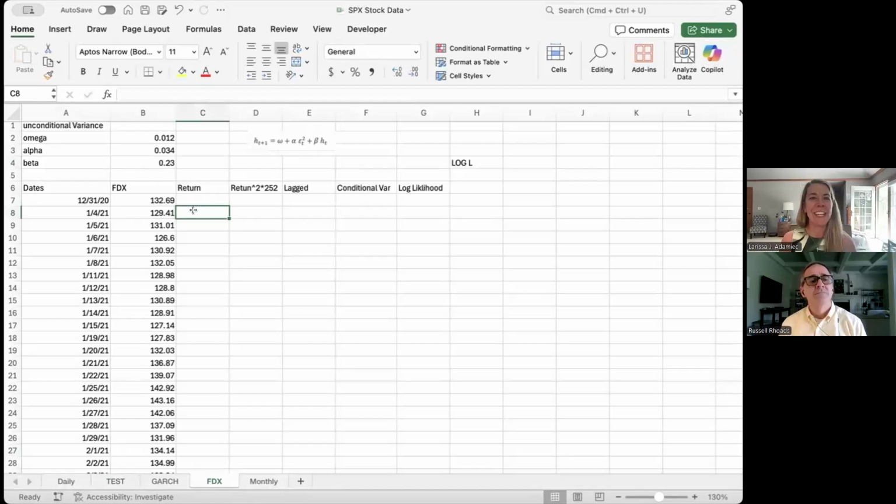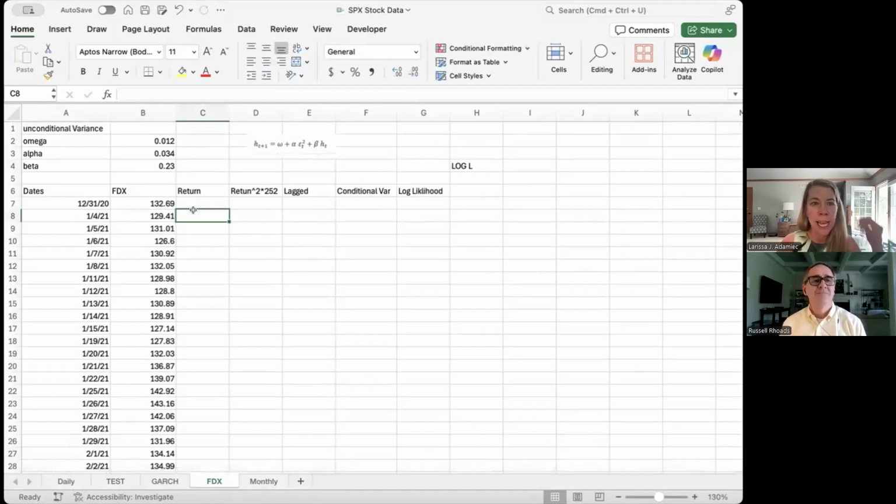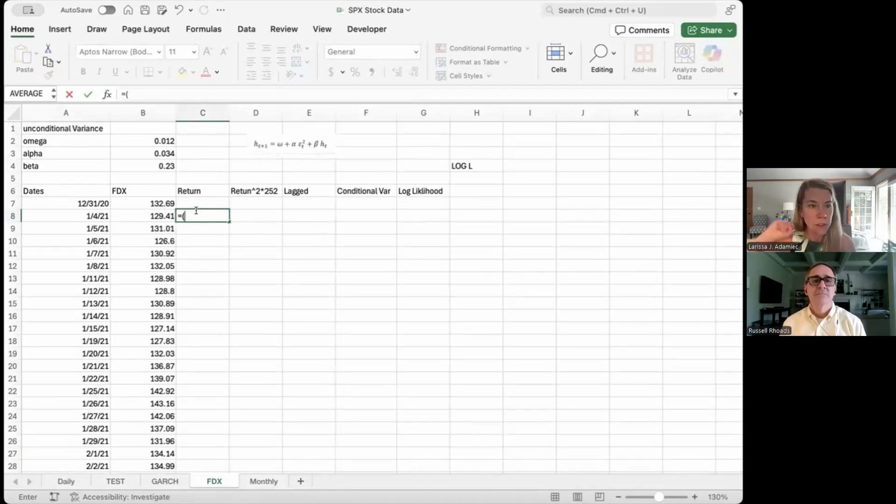So like everything we do, we are going to start with calculating returns. And this is daily data. So we are not using monthly because we are looking to predict tomorrow's volatility. It is much harder to predict next month's volatility. We're not going to try. Okay. So we're going to take today's minus yesterday divided by yesterday.